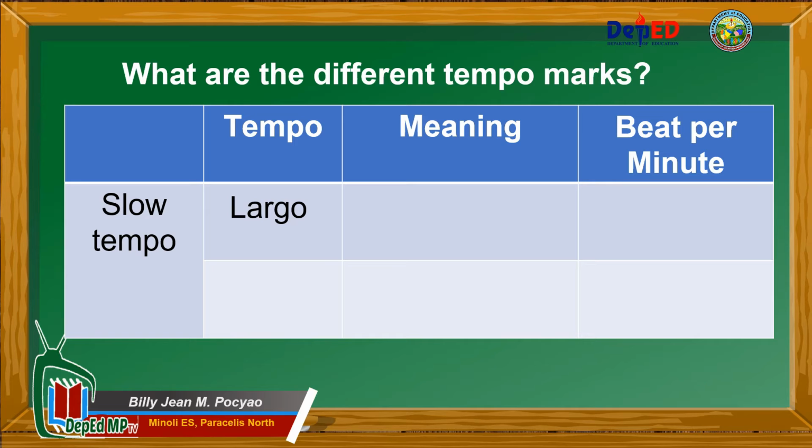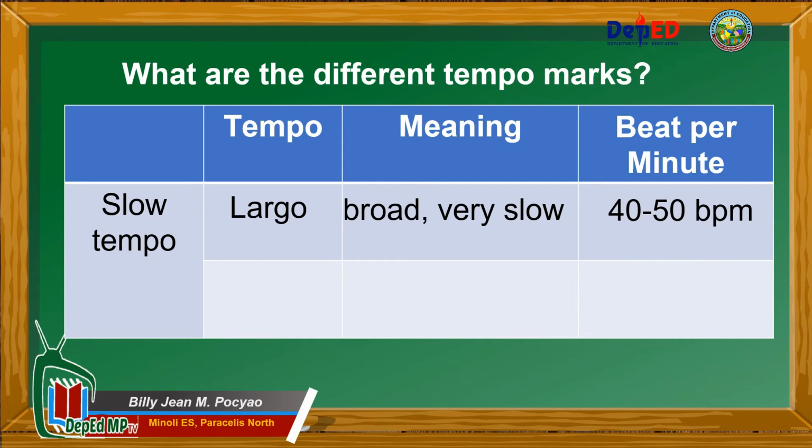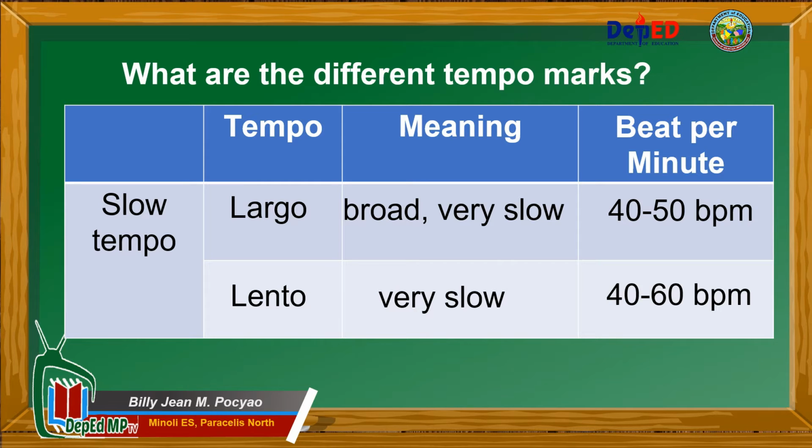Under slow tempo, we have here largo. Largo is the next bump up the speedometer with a pace of 40 to 50 beats per minute, which means broad or very slow. At around the same tempo, we also have lento, which falls between 40 to 60 beats per minute.